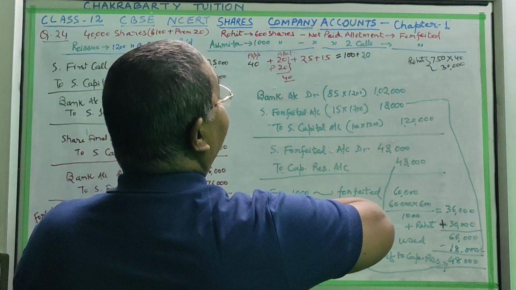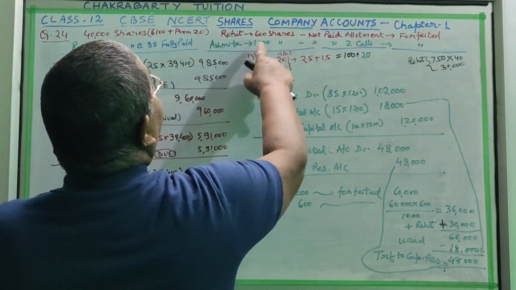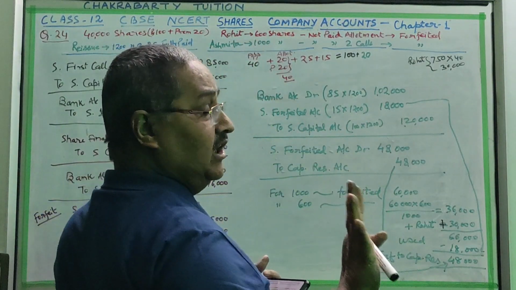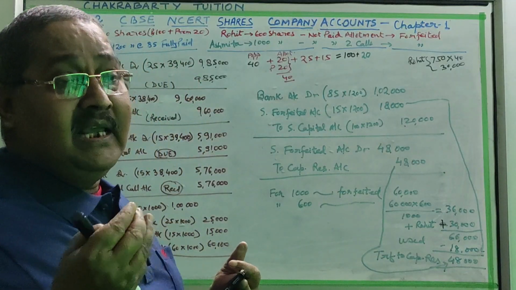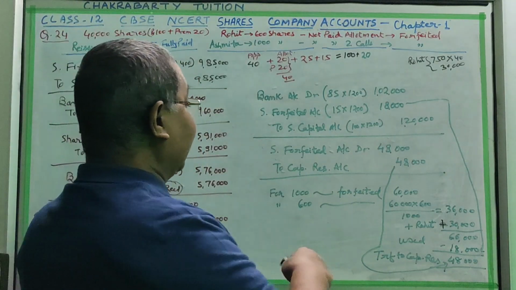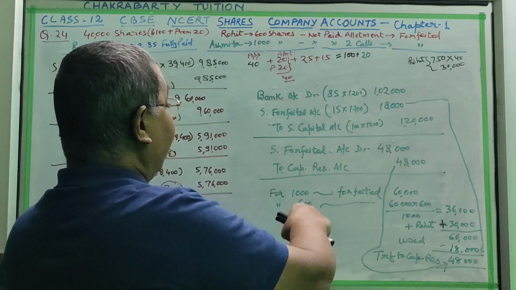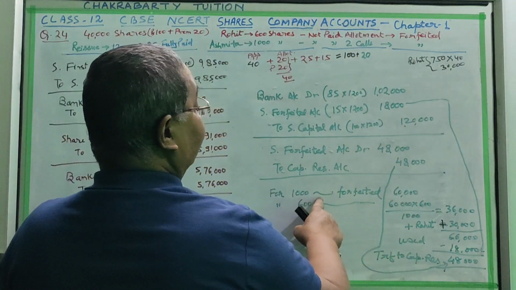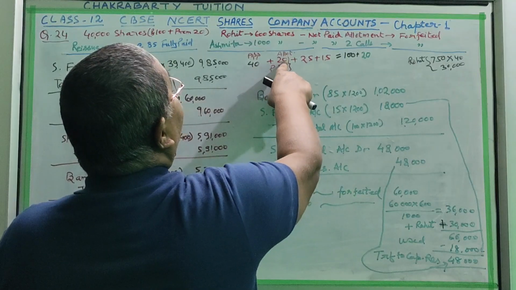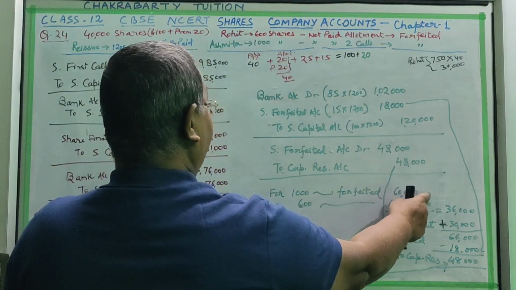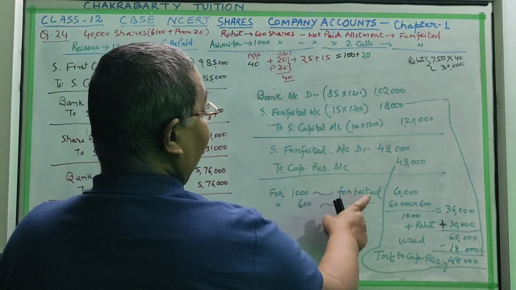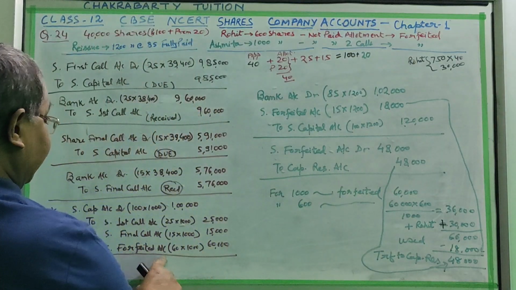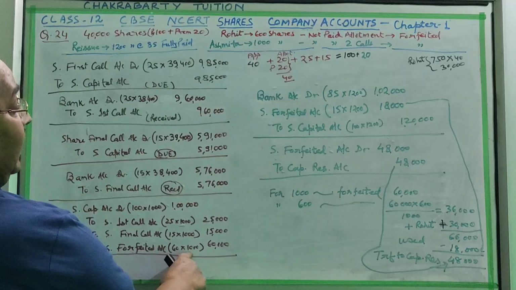Now here you see, you have forfeited how much? You have forfeited 1,600 shares, but we issued only 1,200 shares. It means 400 shares are still not reissued. So how will you calculate the available amount? For 1,000 shares, the forfeited amount is 60,000, because 40 plus 20 is 60 you have already received. Here also you see the share forfeited account is 60,000 for 1,000 shares.